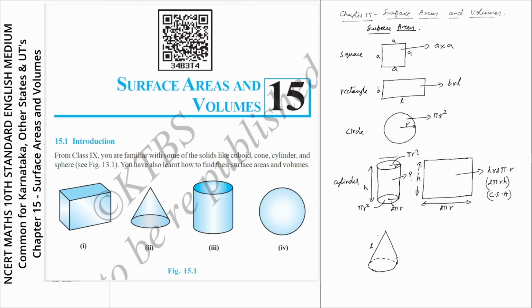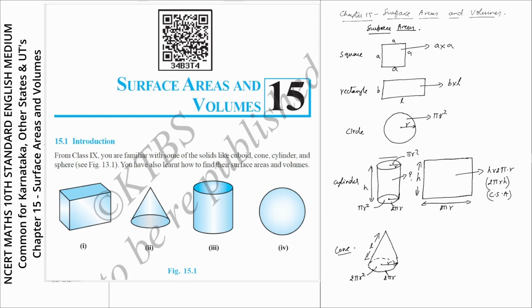If l is the slant height and r is the radius of the bottom circle, then the bottom circle has an area of pi r square, as you know, and the curved region also has some area. What is that area? How to find it? It's very simple. In the bottom circle, the circumference is given by 2 pi r.